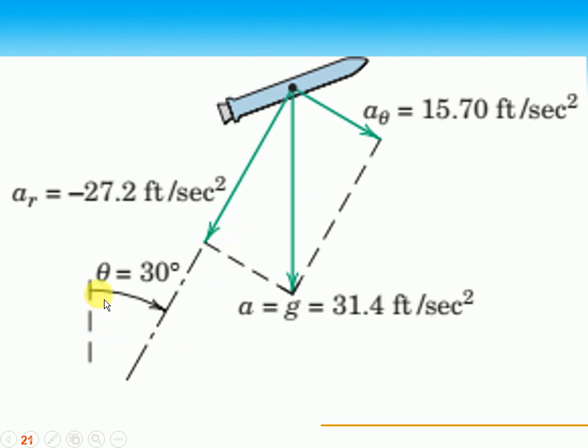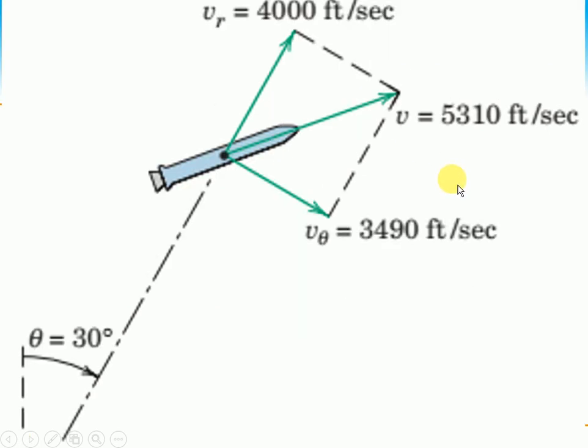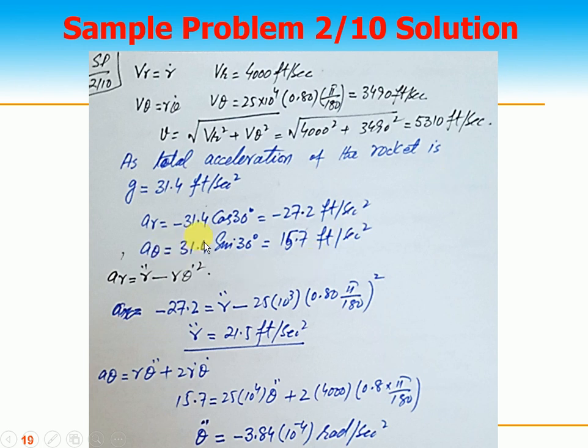The angle here is 30 degrees. So the radial component, in the negative direction, is g cos of 30, and the theta component is g sin of 30. So a_r is minus 31.4 cos 30, which is minus 27.2 feet per second squared. Similarly, a_theta is 31.4 sin 30, which is 15.7 feet per second squared.